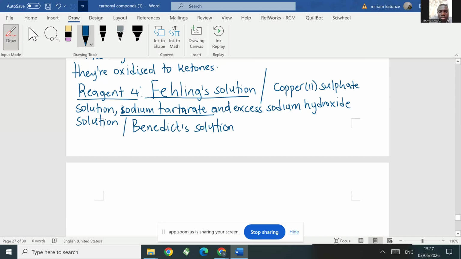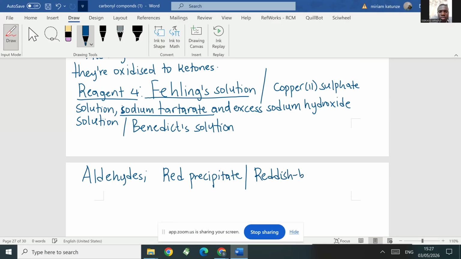So I want to say that aldehydes give a positive test. In some books, they call it a red precipitate. Others call it a reddish brown precipitate.